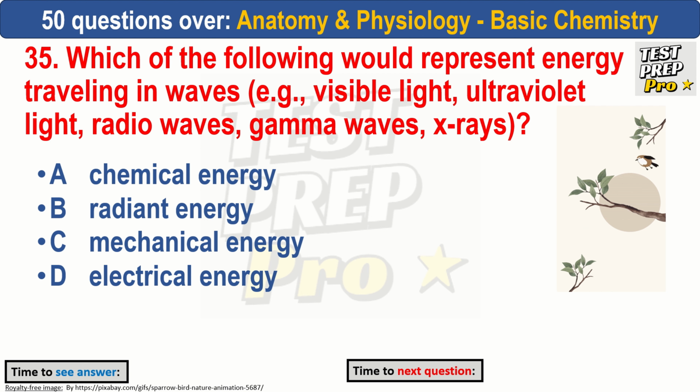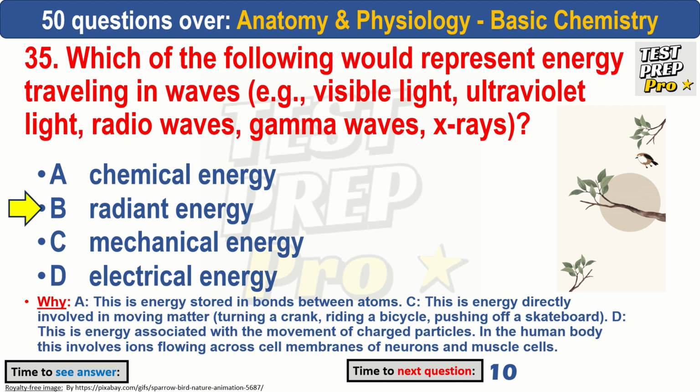Would it be A, chemical energy, B, radiant energy, C, mechanical energy, or D, electrical energy? The answer is radiant energy. So radiant energy radiates in waves. Chemical energy is from chemical bonds. Mechanical energy is about motion.